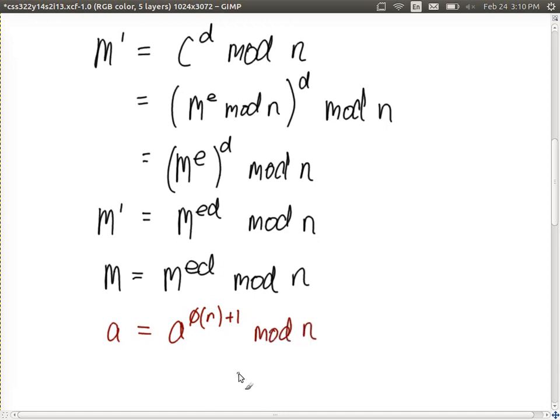That is, Euler's theorem told us that if we have some integer a and raise it to the power of the totient of n plus 1 and then mod by n, we'll get that original integer a back. And for RSA to work, we would like it to be of that form. That is, we take some integer m, raise it to some power, mod by n, we must get the original integer m back. That's what we want. So this will be true if the black equation is of the form of Euler's theorem.